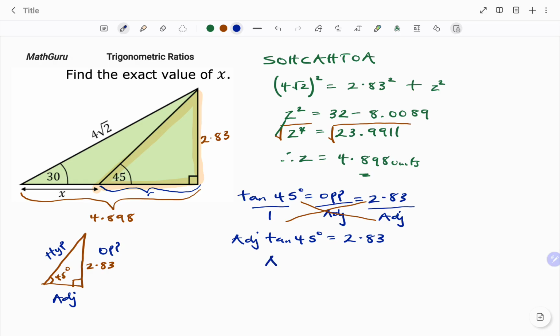To find the adjacent, which I call r as shown in the diagram, r is 2.83 divided by tan of 45 degrees. Therefore, my adjacent, or my r, will be equal to 2.83 units.